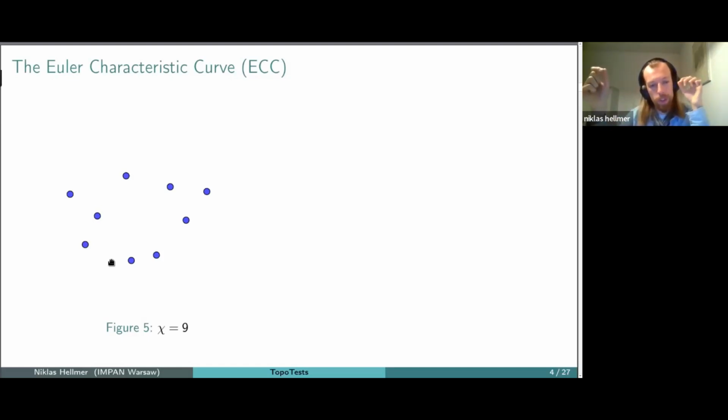Or do I want to count points that are close to each other as being in one connected component, so to speak? In this example, these 2 points at the bottom are the closest together. If we allow ourselves this distance, and if we squint our eyes, then they look close together.